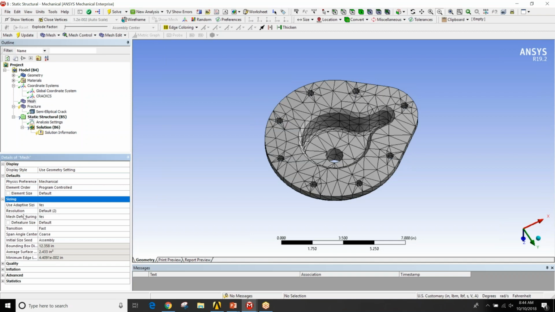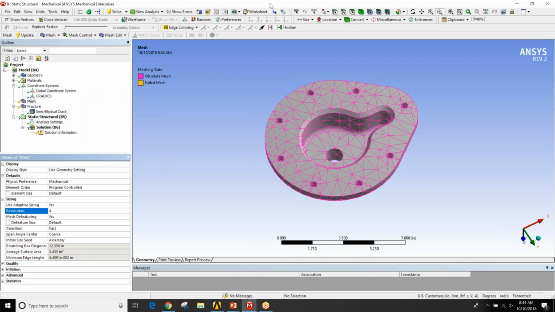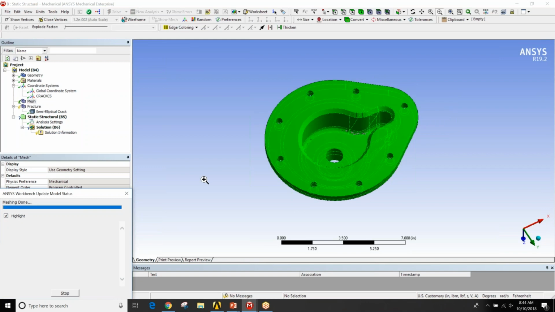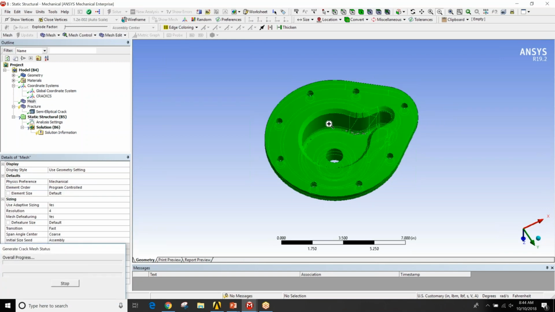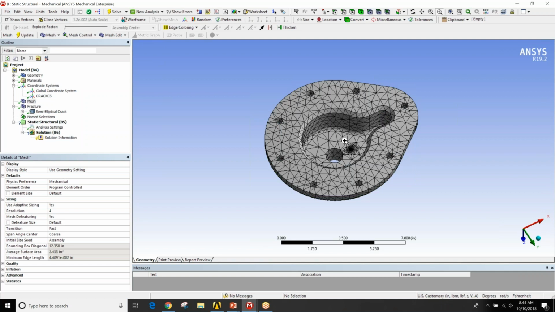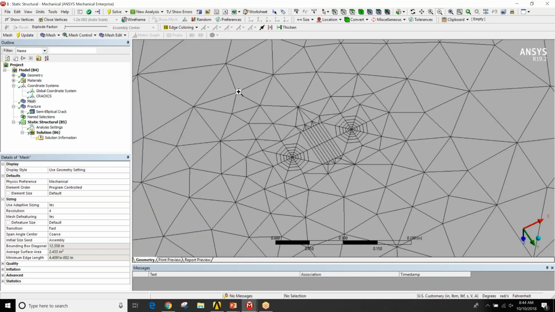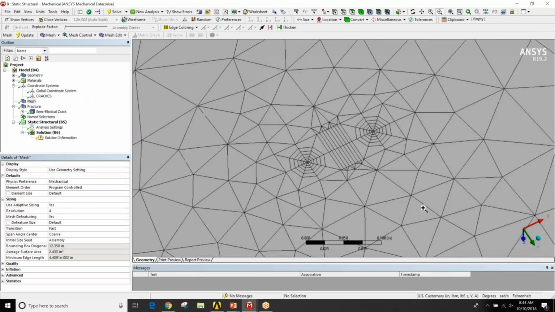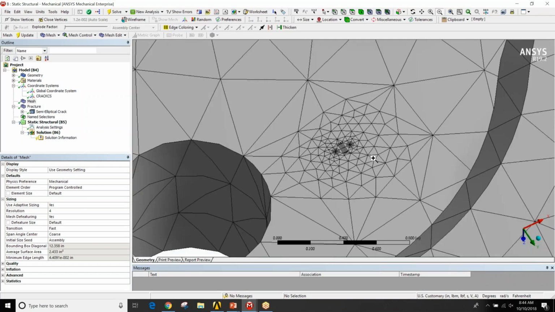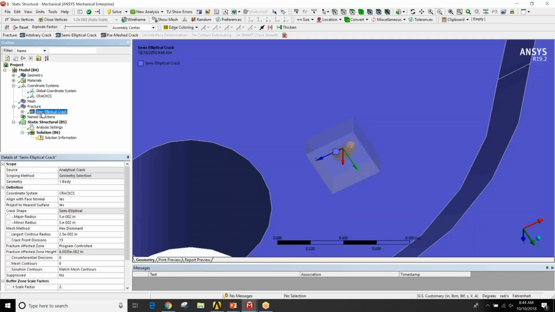And in Workbench 19.2, you can go under resolution and say, well, I'd like to have a slightly finer mesh over here, and it comes back and says, okay, I put a finer mesh and I also mesh the crack for you, right? It already meshed the crack. And again, I don't have a crack in my solid model. All I did was bring in the semi-elliptical crack, and it was able to put it in here.